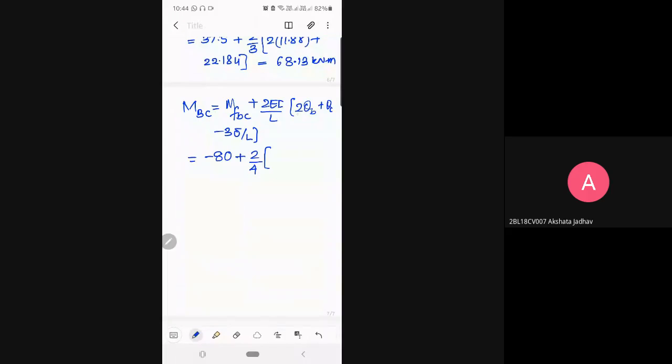EI you can take inside. 2EI theta B is 2 into 11.88. Theta C is 0 because there is no displacement, and delta is 0. So you'll get minus 68.13, the same value. If you have some decimal point change, you take the same value because MBA is equal to MBC, so it is the same kilonewton meter.